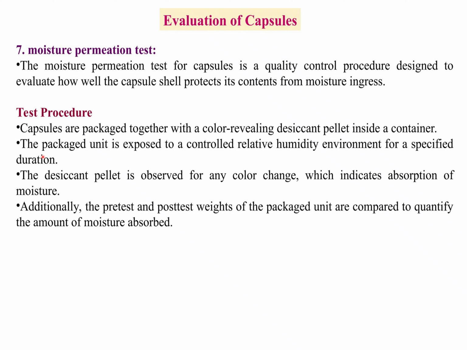The packaged unit is exposed to a controlled relative humidity environment for a specified duration. The desiccant pellet is observed for any color change which indicates absorption of the moisture. Additionally, the pre-test and post-test weight of the packaged unit are compared to quantify the amount of moisture absorbed. So these are the overall tests for the evaluation of capsule.